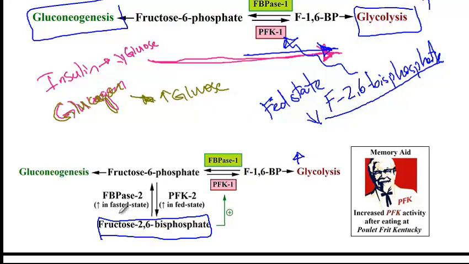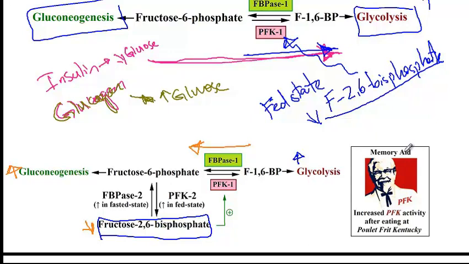On the other hand, in the fasted or starvation state, there is increased activity of fructose 2,6-bisphosphatase, which breaks down fructose 2,6-bisphosphate into fructose 6-phosphate. And so since the concentration of this molecule has now decreased, the reaction will be pushed to the left side in order to increase gluconeogenesis and glucose production.